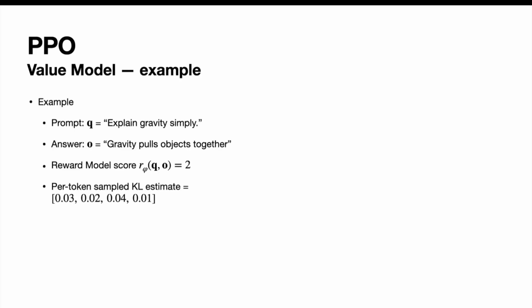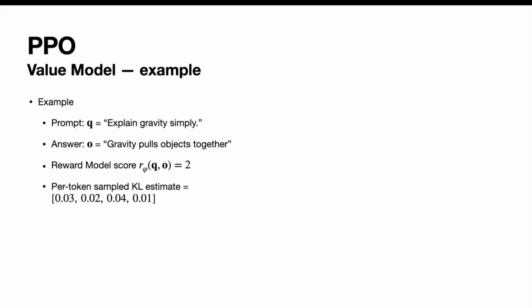Let's look at a simple example to better understand the value model. Suppose the prompt q is "explain gravity simply", and suppose the generated answer o is "gravity pulls objects together". Here, we continue using the simplification that each word is 1 token.